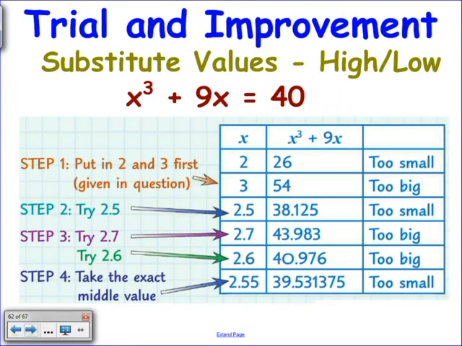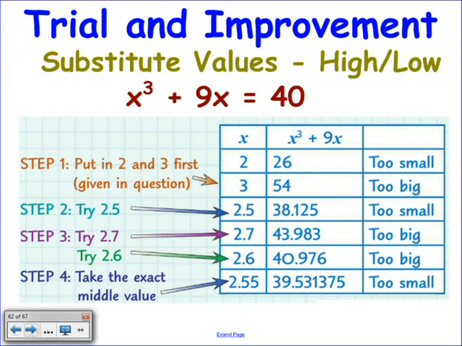Okay. Trial and improvement. Trial and improvement is where you take a stab at a solution to a question. So I've got x cubed plus 9x equals 40. I put 2 in, 26 comes out. I put 3 in, I get 54 out. And then through trial and improvement, trying different numbers, 1 decimal place at a time, you trap it between 2 1 decimal place numbers.